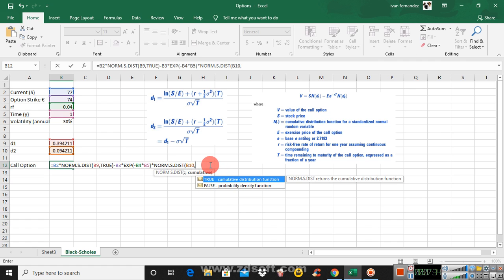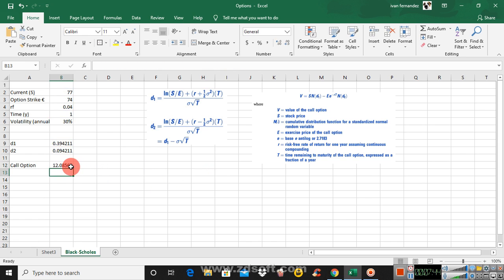Okay, let me show you again. You put true for cumulative. And that's it. That's the price of this call option, using the Black-Scholes approach for a European style option.